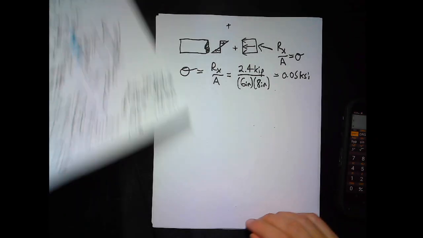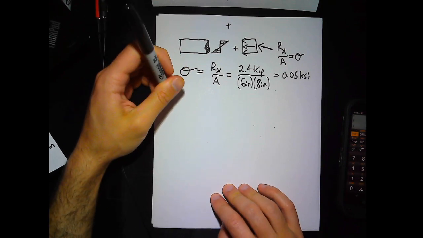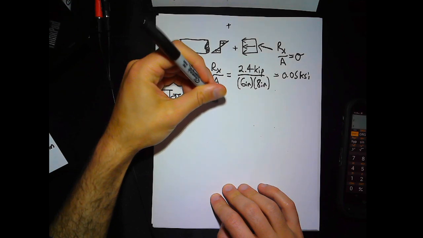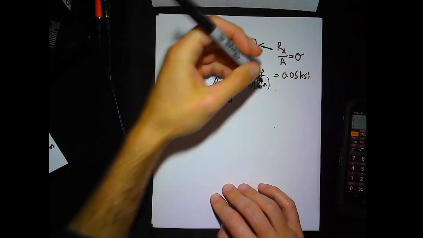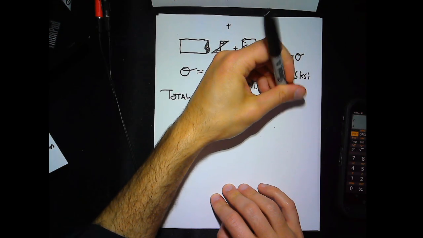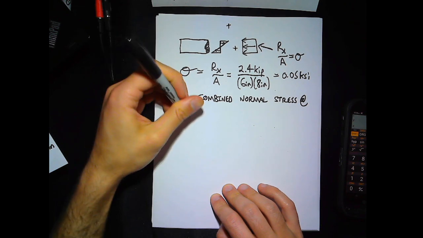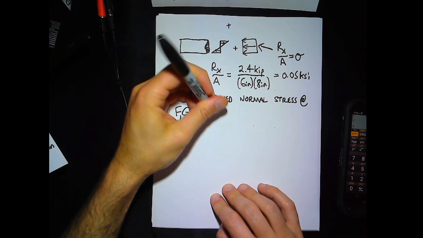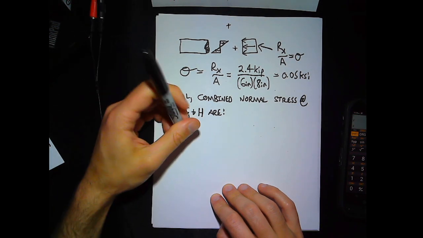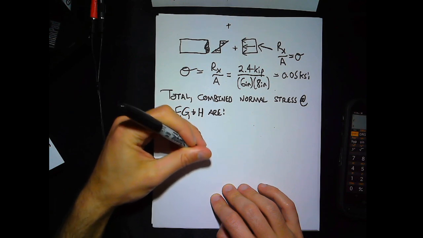So if I come back here, I can say that the total combined normal stress at F, G, and H: at F, the bending stress was 0, so that's from bending.